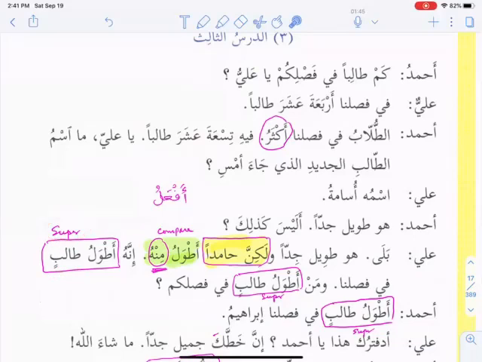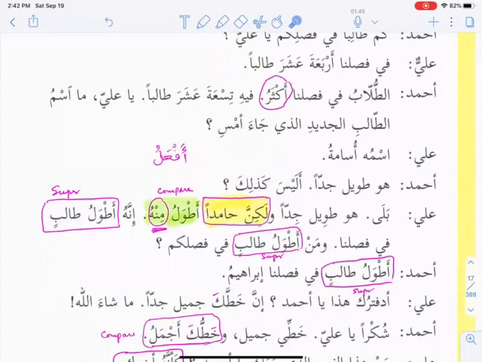So we just have to follow min after the af'alu, and the other thing is that there is no min, but there is a singular noun mudaf ilayhi, and it is majroor. Atwalu is mudaf, talibin is mudaf ilayhi, so it is majroor. That's it. That is the main thing for us to understand and watch.